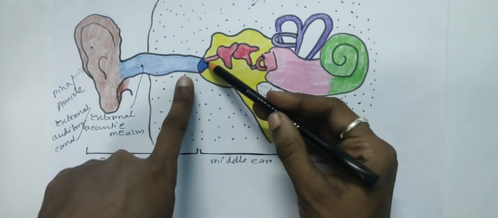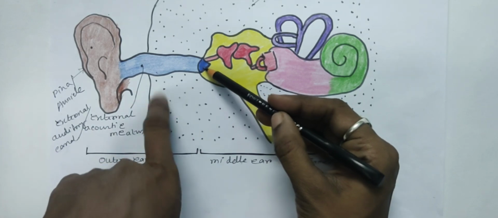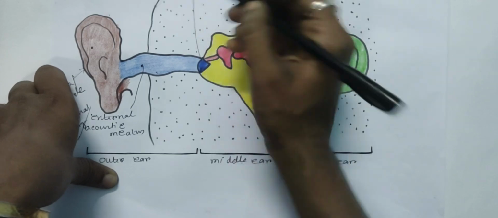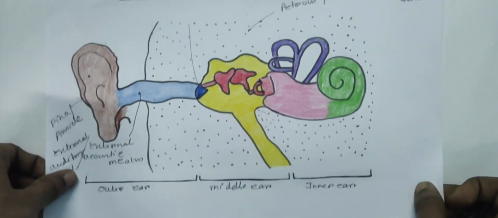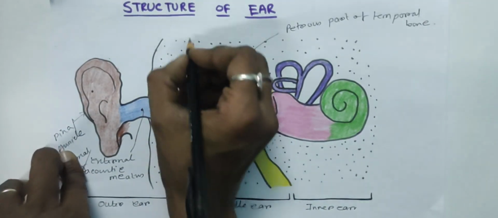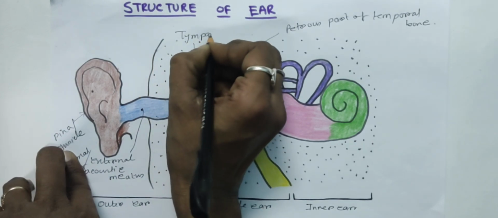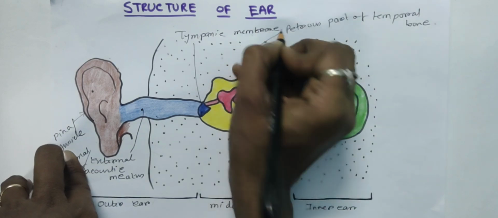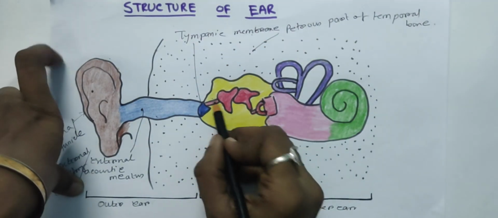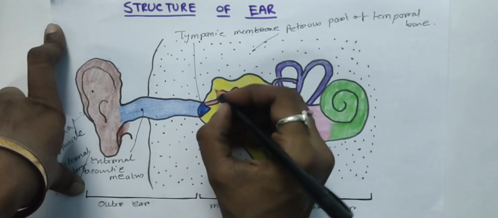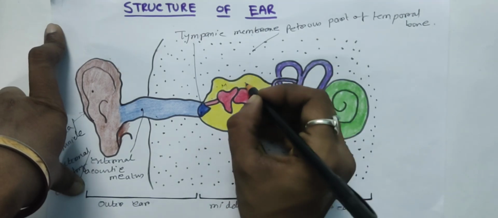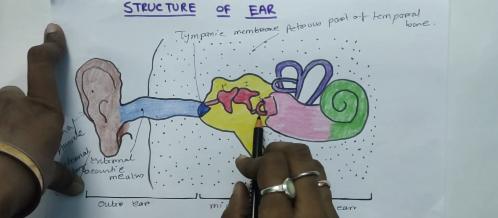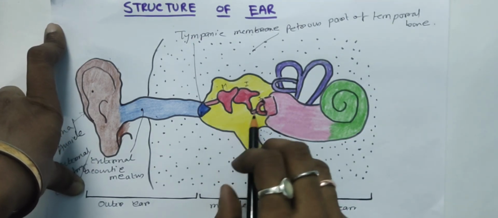This is the tympanic membrane. It's also called the eardrum. And these are the ear ossicles: malleus, incus and stapes. These are the three ear ossicles.